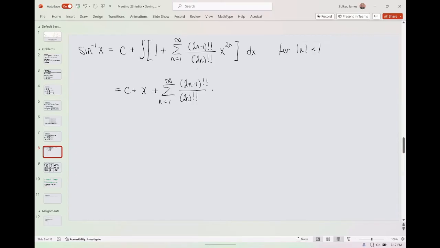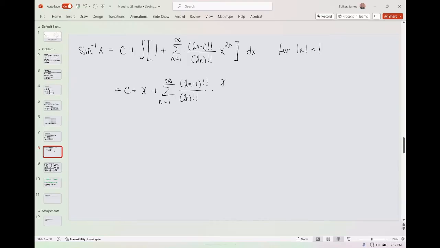It's 2n times x to the power of 2n minus 1. You gave me the derivative, not the antiderivative. Oh, okay. So it's actually x to the 2n plus 1 power, over 2n plus 1.